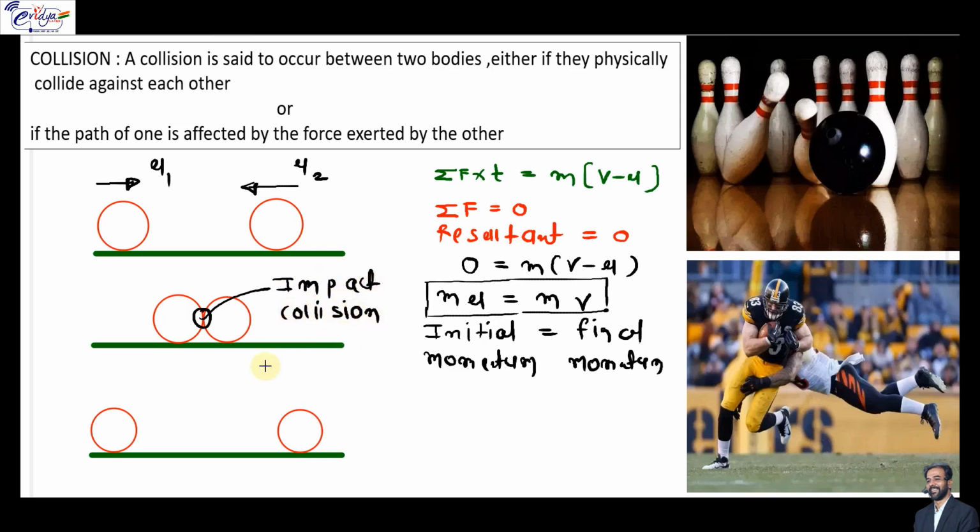I will tell you what happens exactly here. If both blocks come together, they initially deform up to their maximum deformation, and then again restore their original size and shape and get separated with velocities known as v1 and v2.